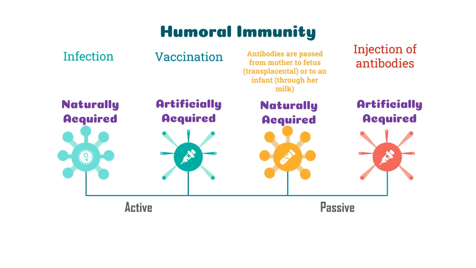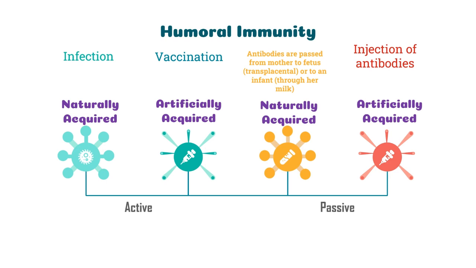For the passive, they also can be natural and artificial. Natural, these antibodies are delivered from the mother to the fetus through the placenta, or to the infant by the mother's milk.